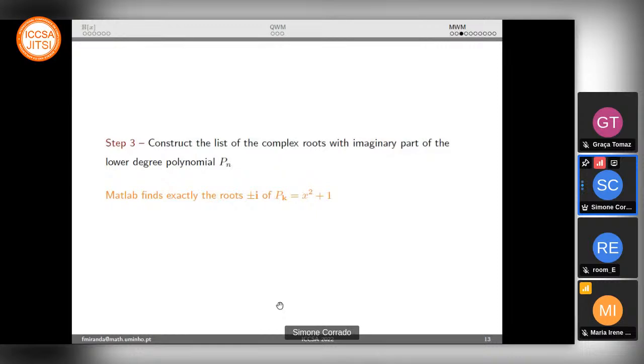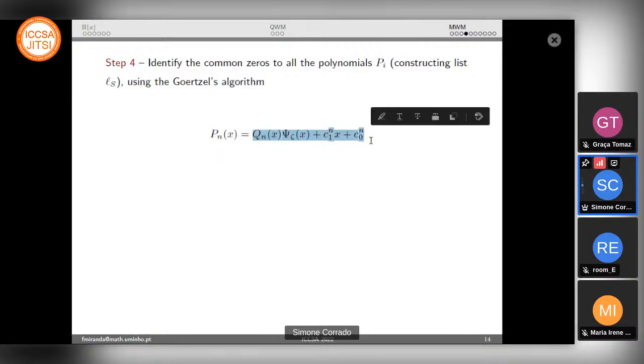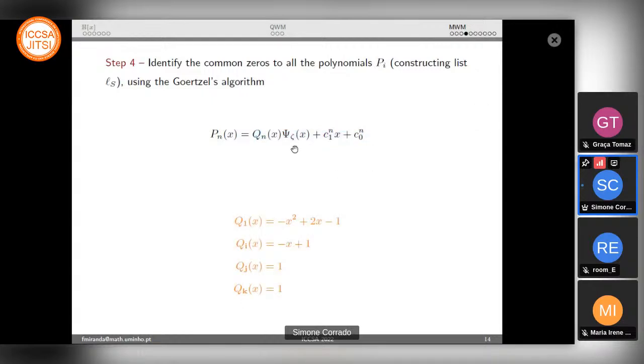And in this case, it's very simple to observe, and we observe that MATLAB finds exactly the roots, plus and minus i, of Pk. Then we will verify if i or minus i, in this case i, is a zero of all the three remaining polynomials. But here we use Goetze's algorithm, which allows us to compute P of alpha, constructing a factorization, the division of P.